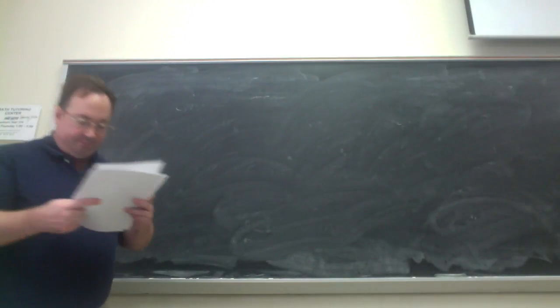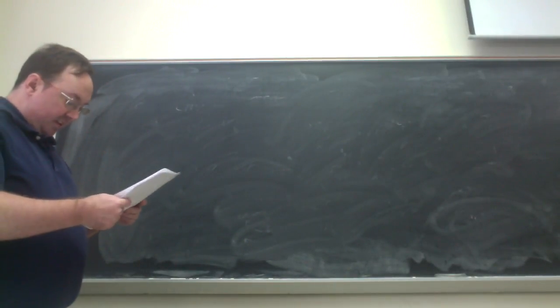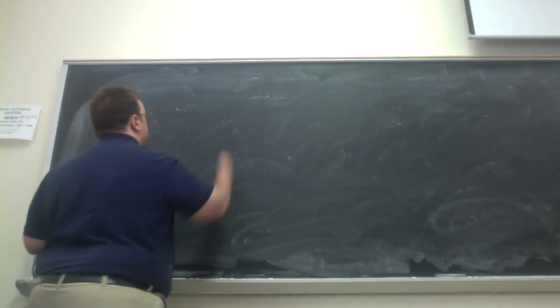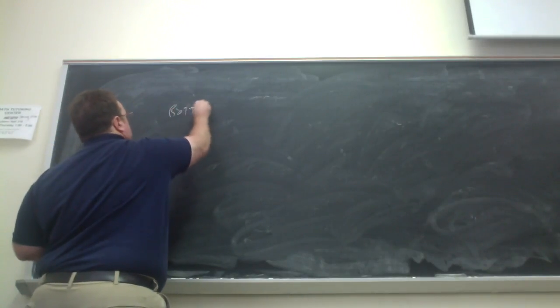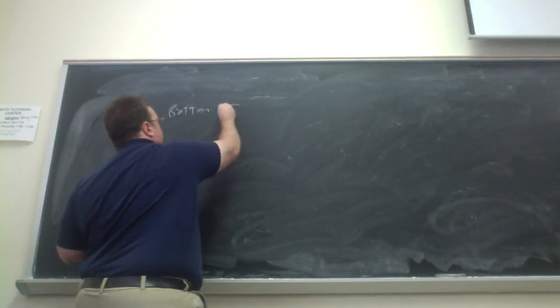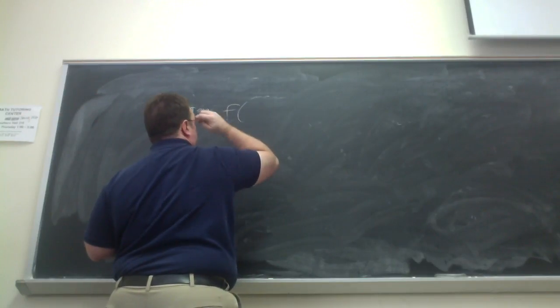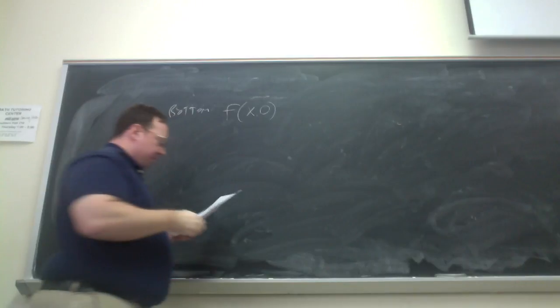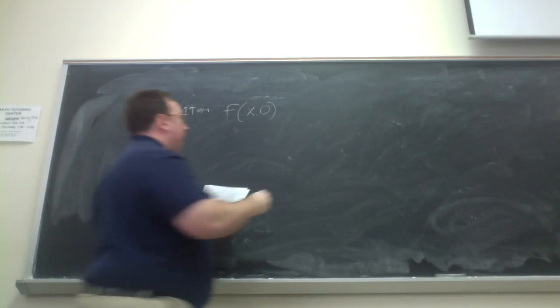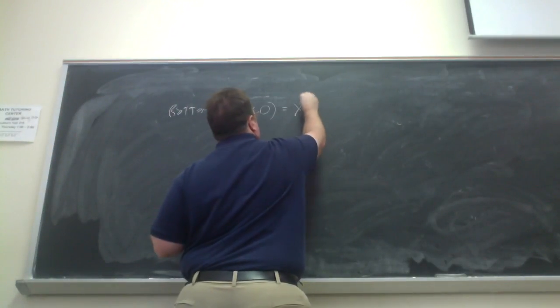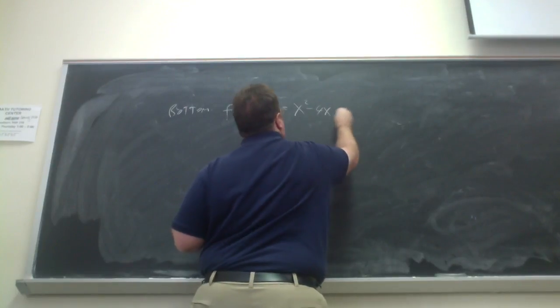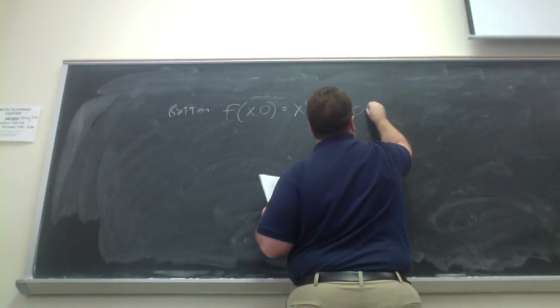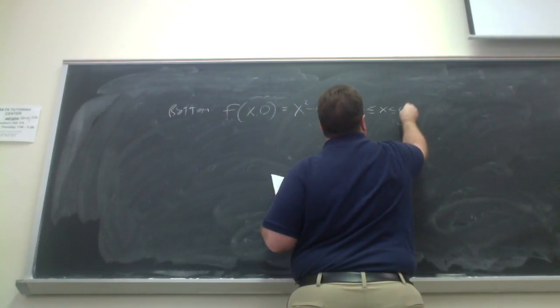Okay, now for the bottom edge, we're looking at the function f of x, 0, because we're setting y equals 0, and then the function reduces to just x squared minus 4x, and we're only considering x between 0 and 4.